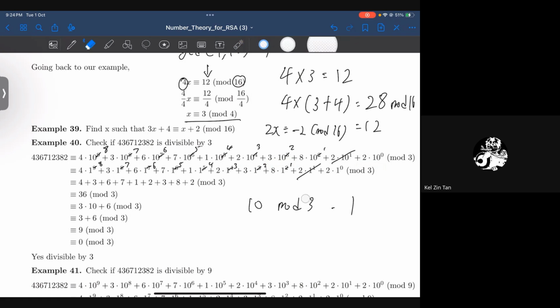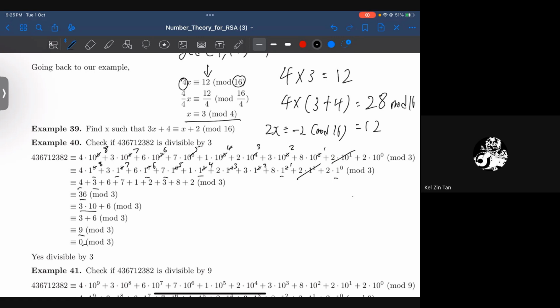So this basically means that I can convert everything into 1 and simplify the equation. So you just add all the terms together. After you complete this, this will become 36. You can repeat this procedure again, and then this becomes 3 times 10 plus 6. So you add 3 and 6 together, then you get 9, and then you get 0.